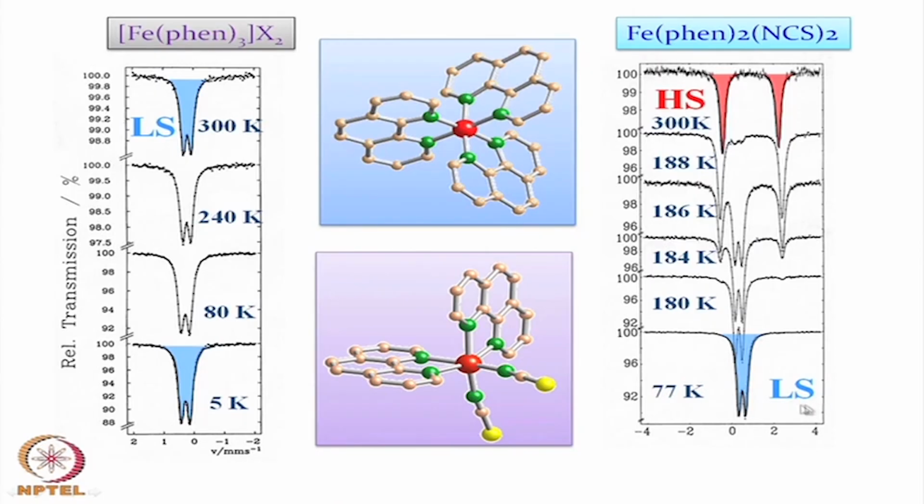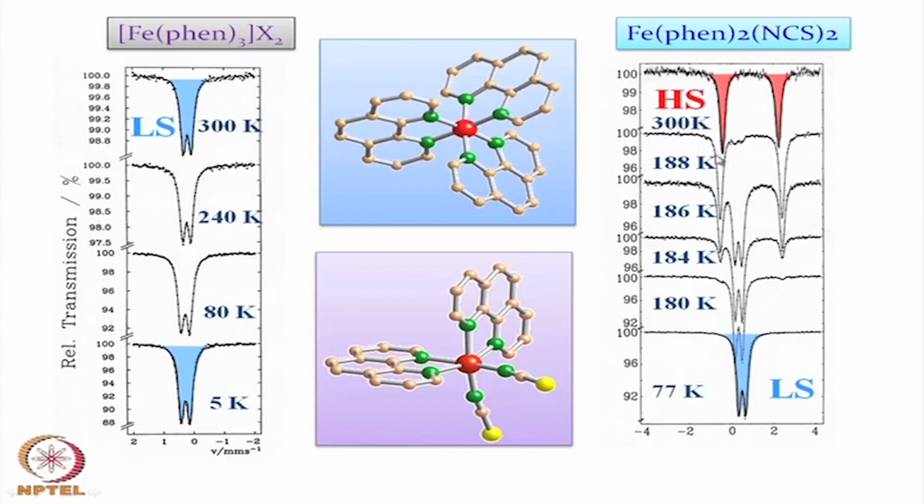So the molecules were entirely low spin at low temperature, at liquid nitrogen temperature. As we raise the temperature, some of the low spin molecules are transforming to high spin and they are in a dynamic equilibrium. That is why we are getting the signatures for the 4 lines in the Mössbauer spectra, 2 for the low spin species and 2 for the high spin species.